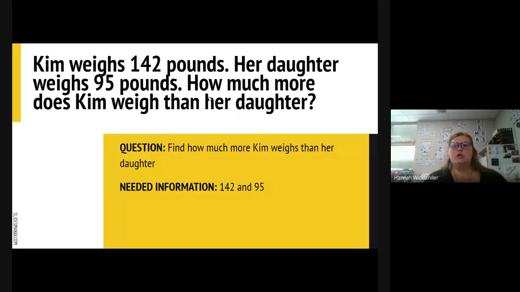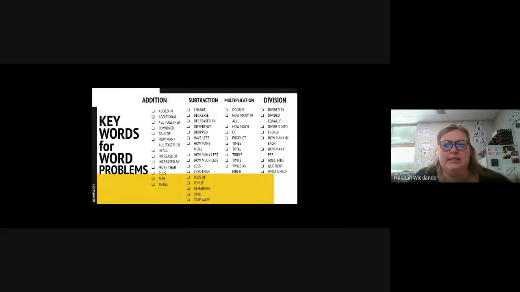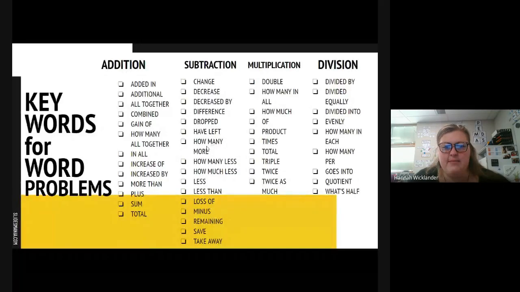So what words in this sentence mean an operation? Yes, good job. So in the chat, we put subtraction because if we look at the question, how much more, and then we come to our operation keywords and we look at the subtraction column, we have how many more. That also could be how much more. So it's subtraction. Good job. You guys are really good at this.